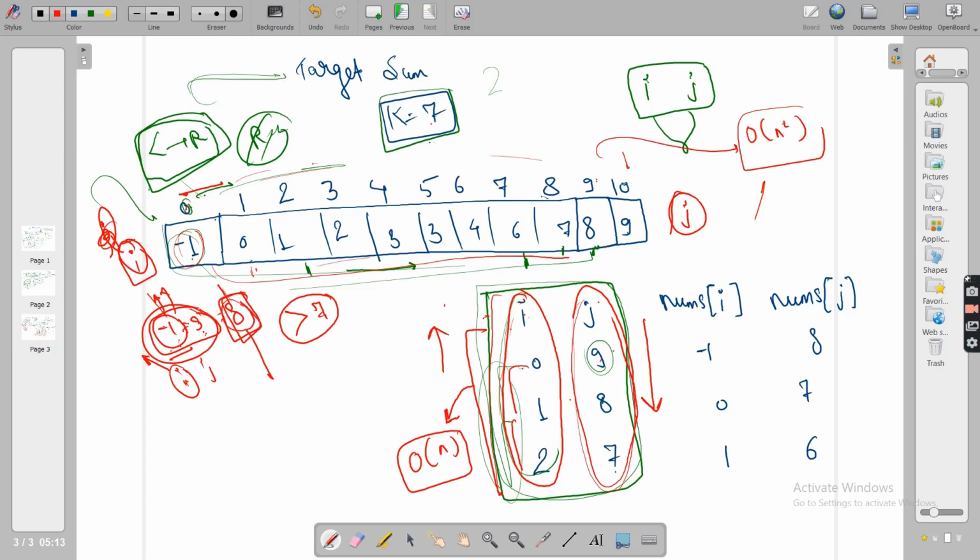I can increase the i index, but I need a lesser value than 8, which is 7. Obviously I need a lesser value, so I'll decrease j by one index, it will go to 8. So -1 plus 8 is now 7.